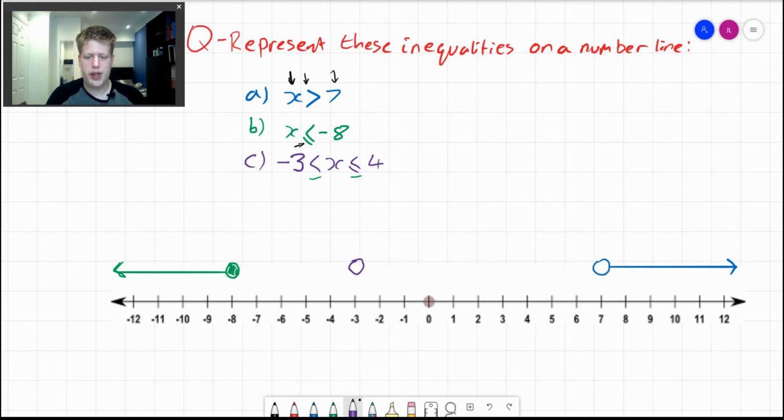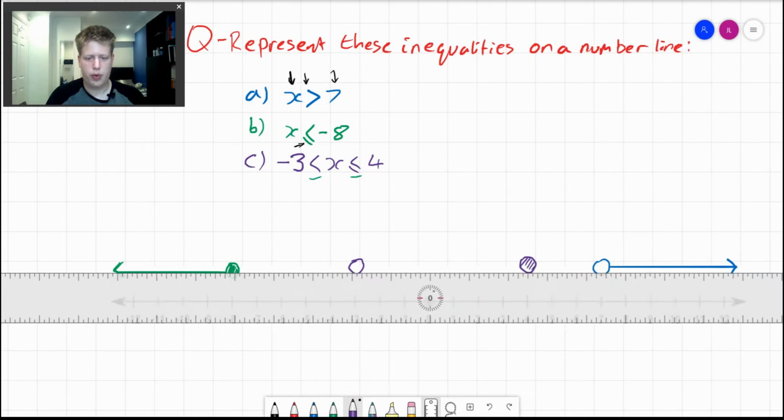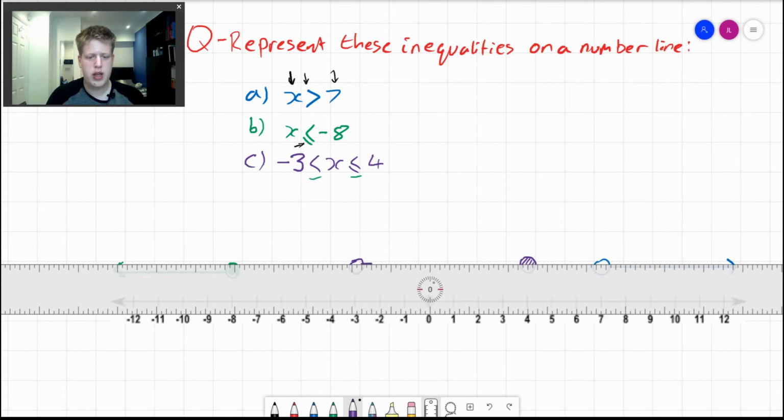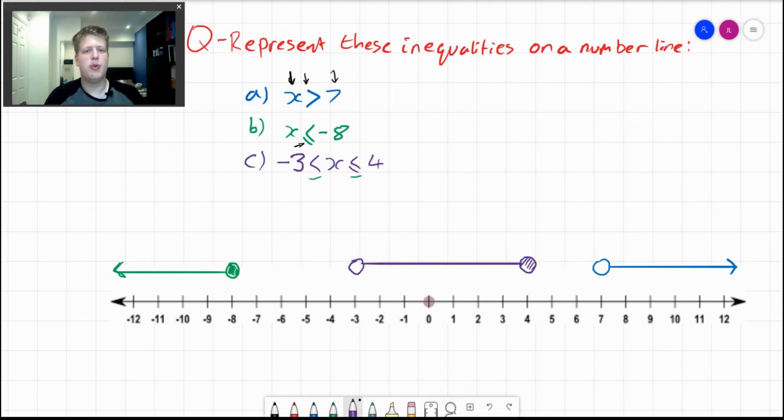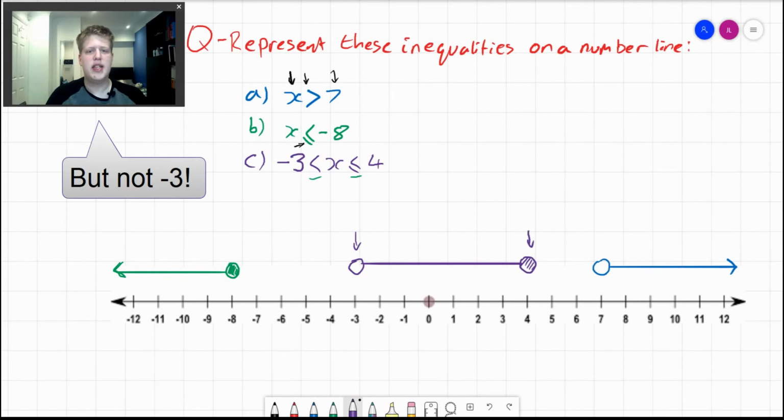But for the 4 on the other side, we are going to shade that in. And then we're going to get out our ruler, and we're going to join these up together to show that x can take any value between -3 and +4. And this is how you represent inequalities on a number line.